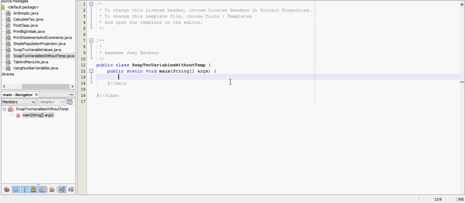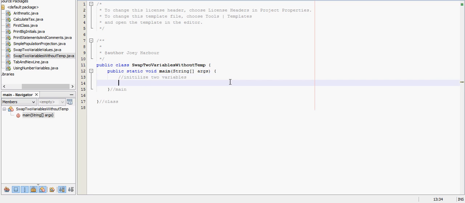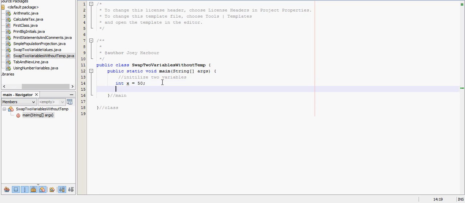But believe it or not, there is another way to switch two variables. We're going to do that with addition and subtraction. So we'll initialize two variables, and we'll use some easy numbers to do the math with at first. I need to mention that x is an integer, and int y equals 100.